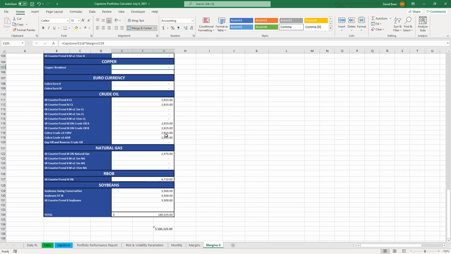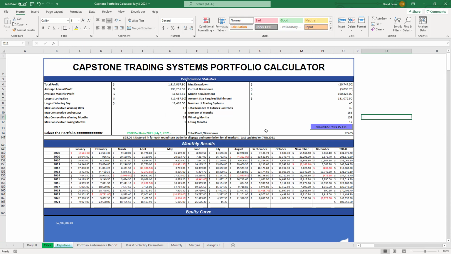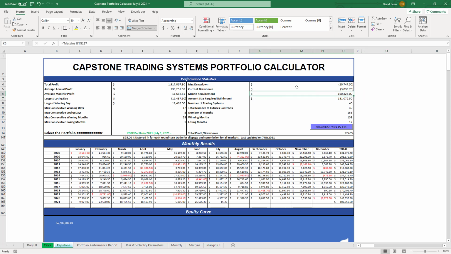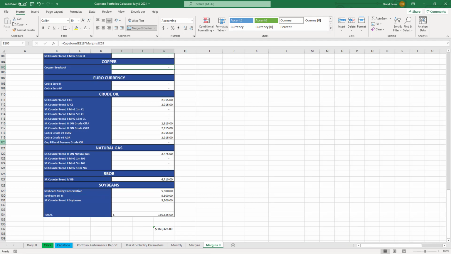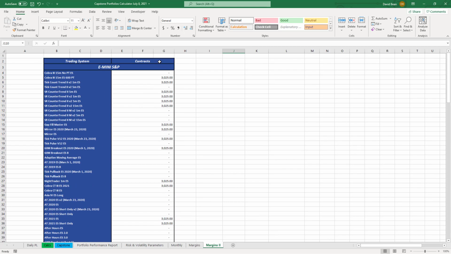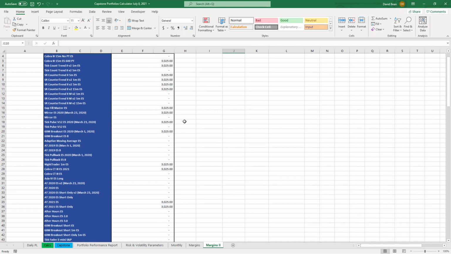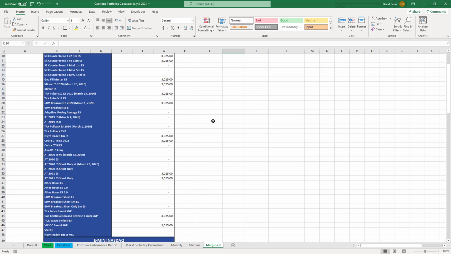So it includes the margins here for the strategies that are selected here. And also, the other thing I did is the margin requirement is lower because I only use day trade margins in all these, because not many of the strategies hold positions overnight, and so it's a little bit more aggressive.